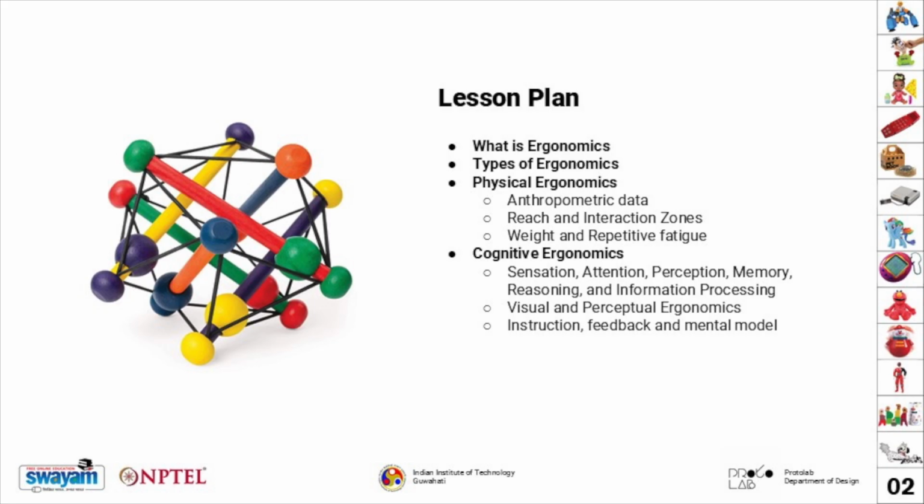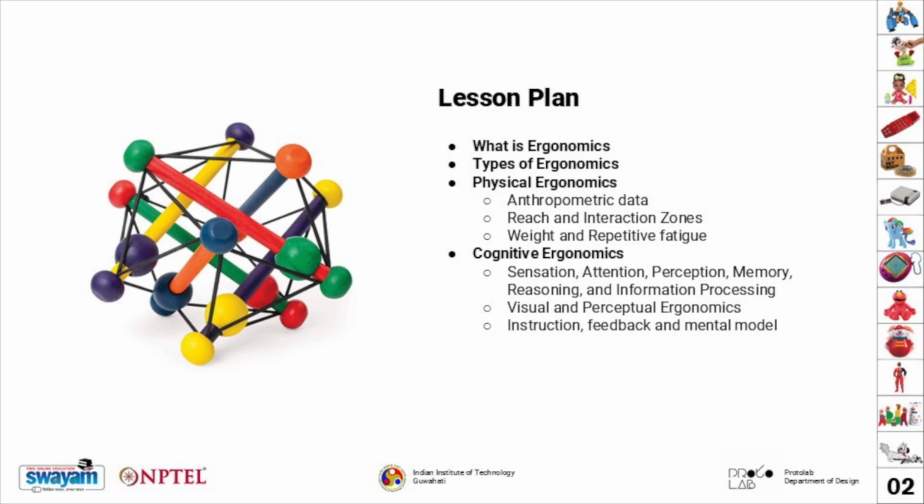Instead of asking what children are capable of doing, we ask whether the toy fits how they interact in the present moment. Next, we will look at the two types of ergonomics, physical and cognitive, and see how each affects play differently. We will first explore physical ergonomics.